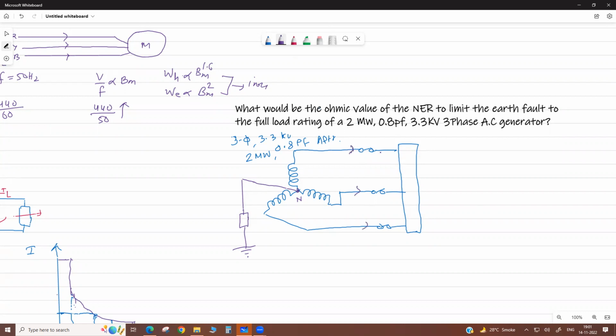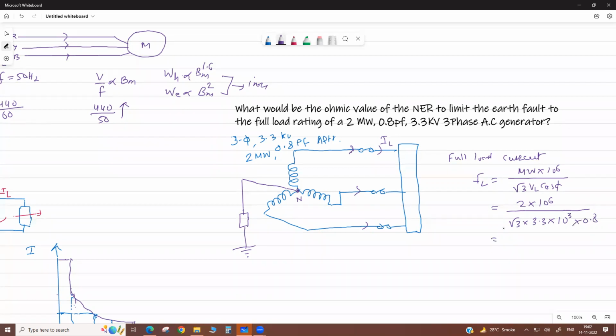If we calculate this full load current IL, it is megawatt into 10 raised to power 6 divided by root 3 VL cos phi. Put the values: 2 into 10 raised to power 6 divided by root 3 into 3.3 kV, that is 10 raised to power 3, into power factor 0.8.